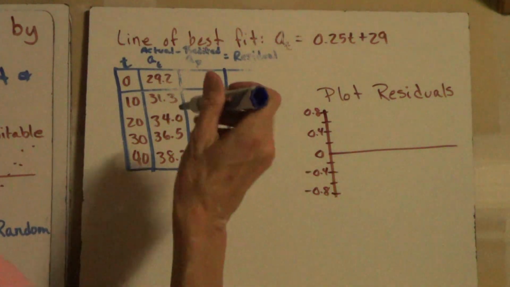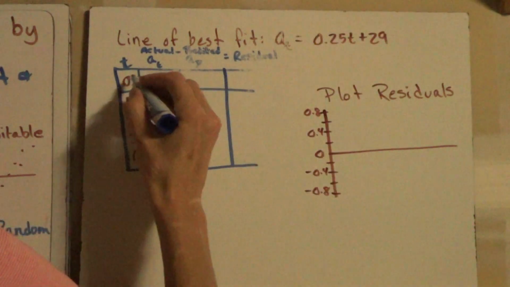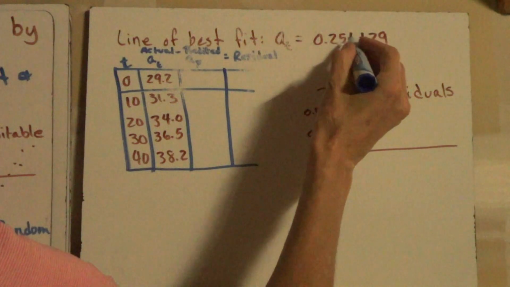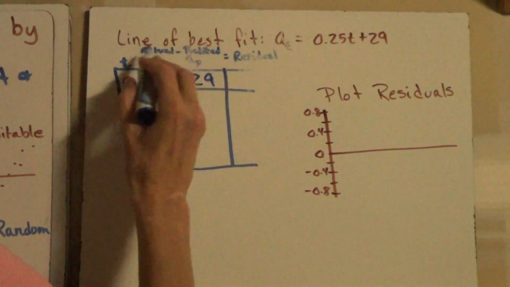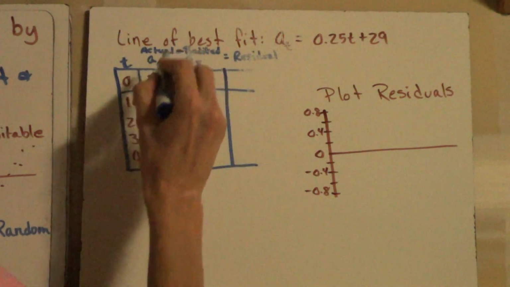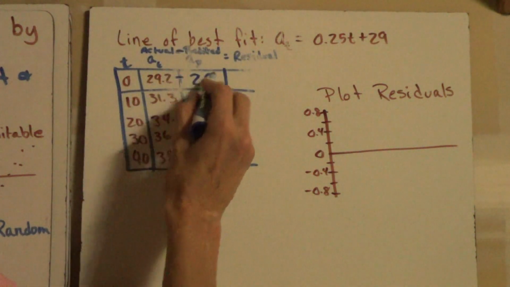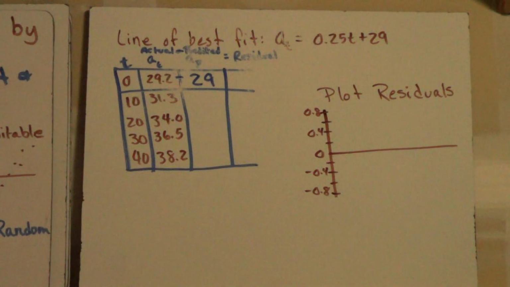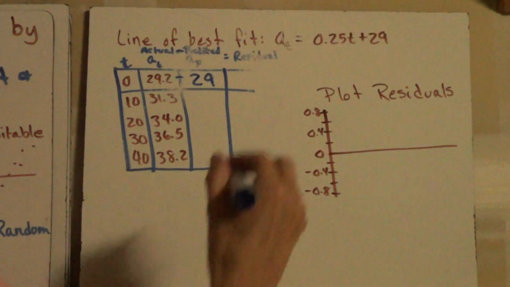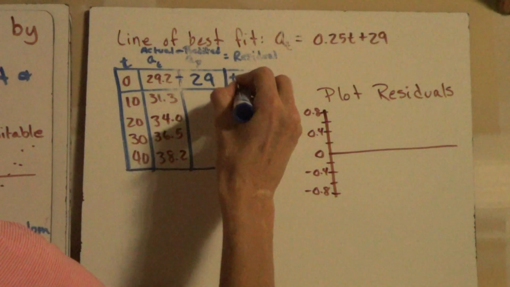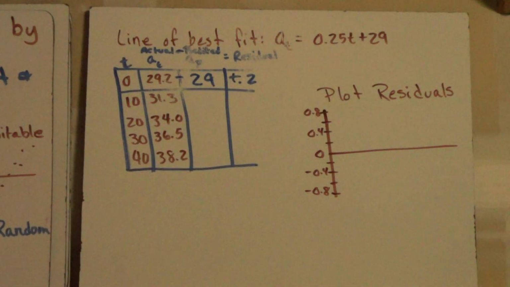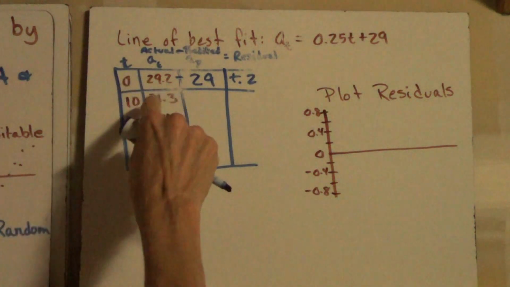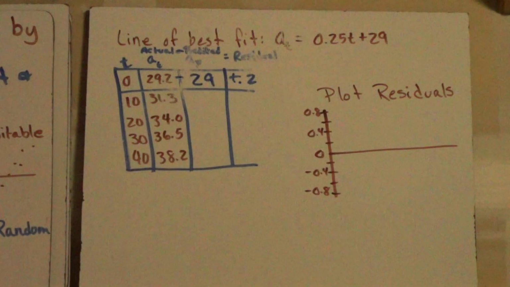So right here, we can plug in 0: 0.25 times 0 is 0, so it'll be 29. Now, to get our residual, we just subtract the actual minus the predicted, or the line of best fit, and we get a plus 0.2.